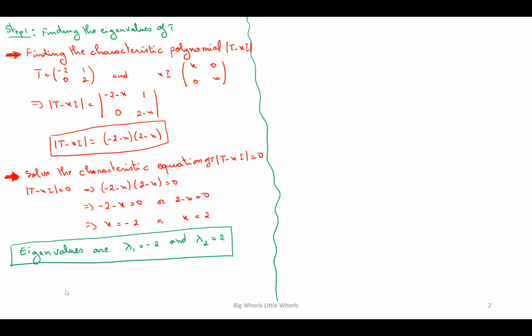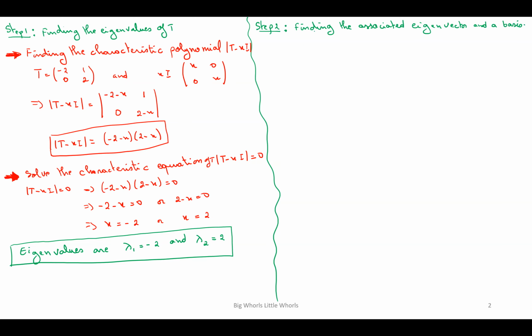Okay, so step 2: find the associated eigenvectors and a basis.